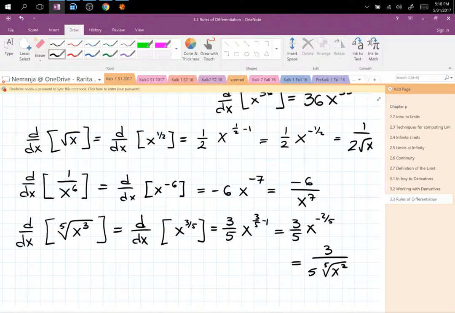So there are those algebraic rules that you have to remember in order to master derivatives, such as x to the a over b is b root of x to the a. That's the algebra rule that we use. And also x to negative n is 1 over x to the n. So those are the two rules that I used in these so far.